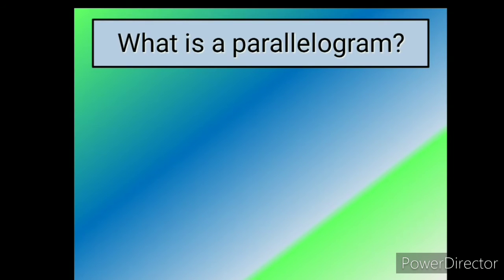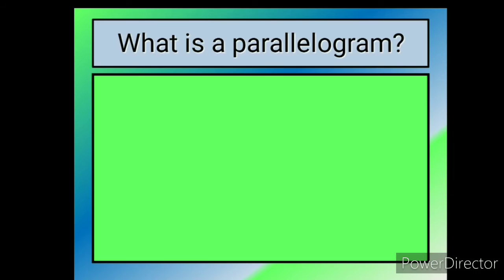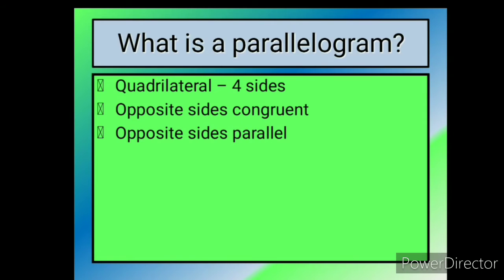What is a parallelogram? Now we are introducing the first type of quadrilateral. A parallelogram is a quadrilateral because it has four sides. Opposite sides are congruent, meaning opposite sides are equal, and opposite sides are parallel.